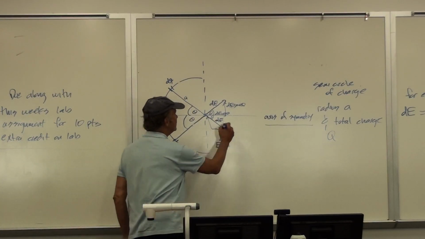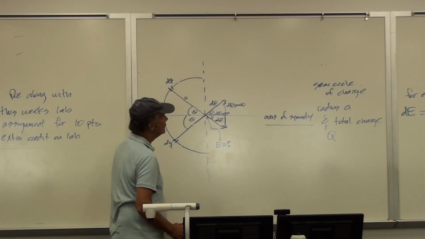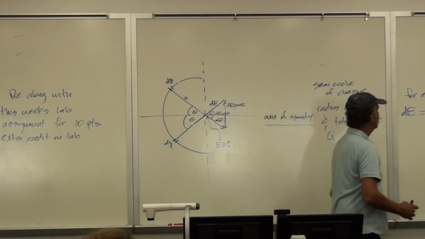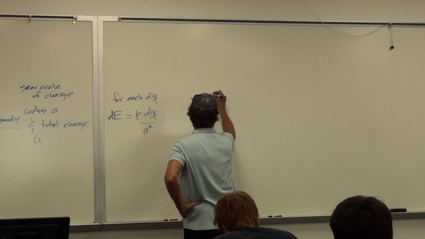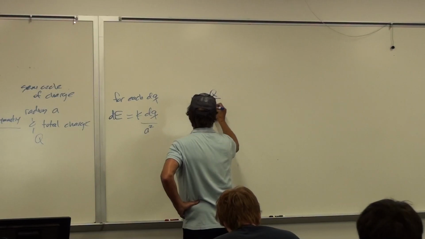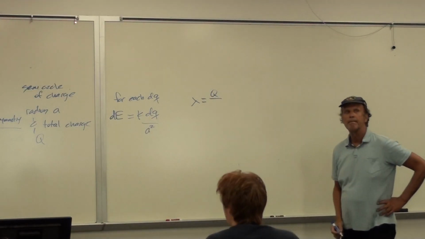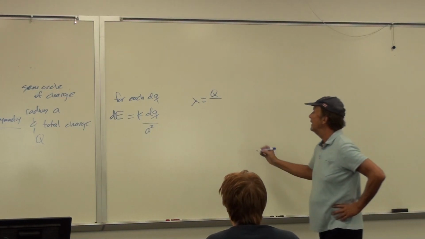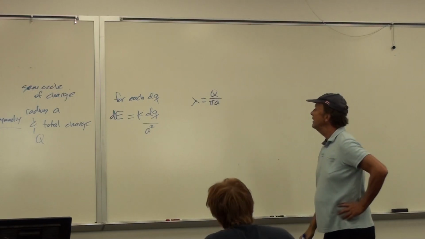So we still do need to write a lambda in this case. So what we want to do in this case is say that lambda, our charge density, is going to be total charge divided by total length. What's the total length? Pi a for this problem. So that's going to be my lambda.